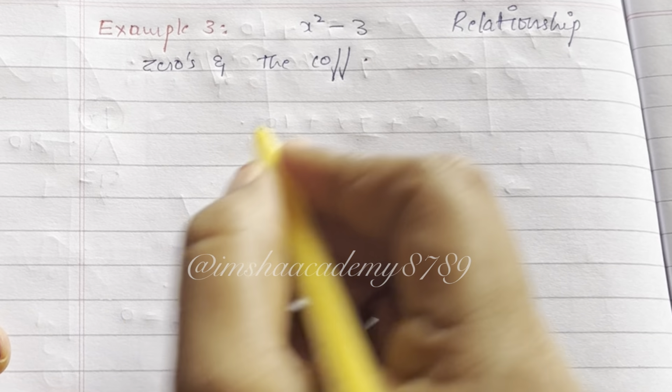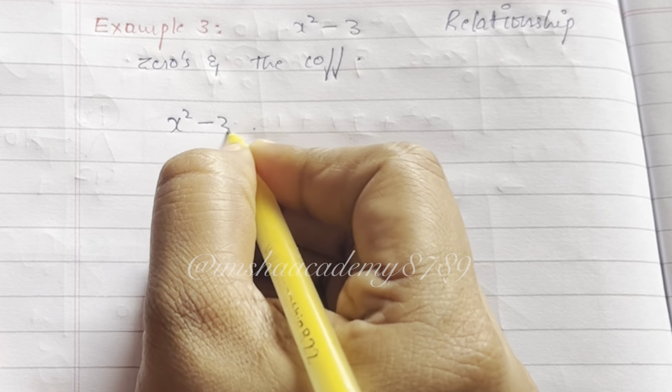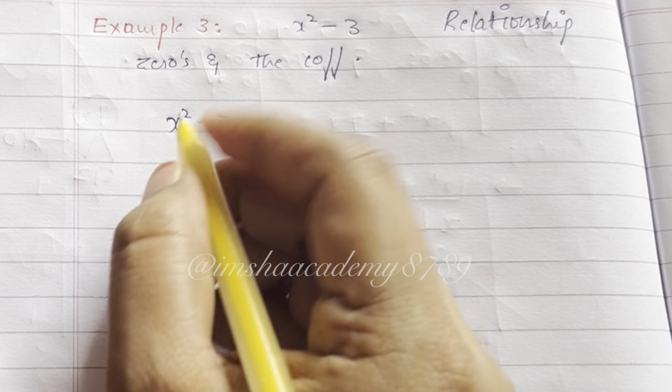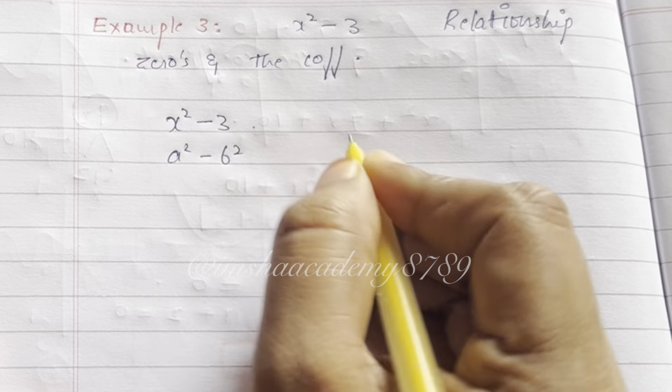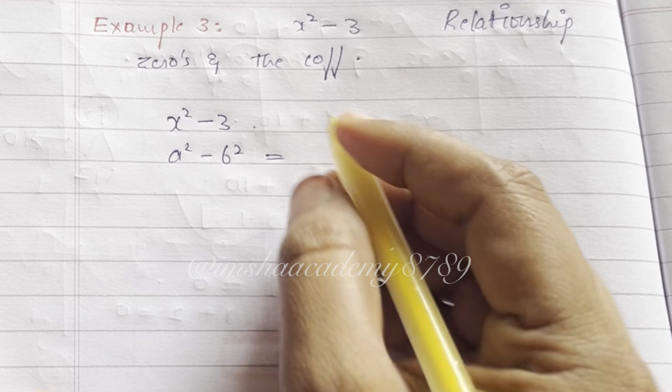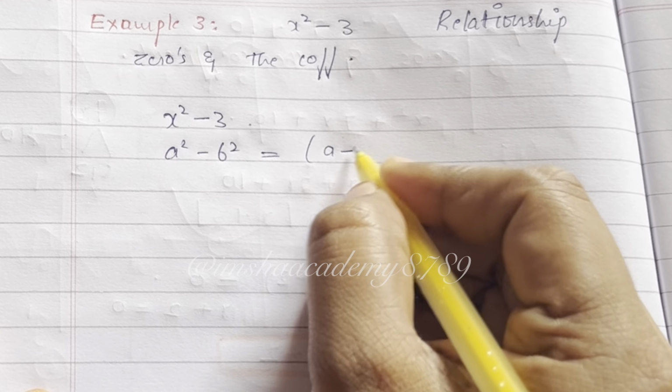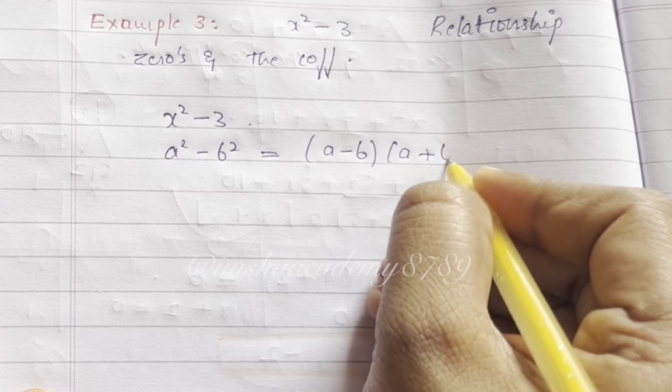Okay, so you know that x square minus 3 is in the form of a square minus b square. The a square minus b square formula is nothing but a minus b, a plus b.